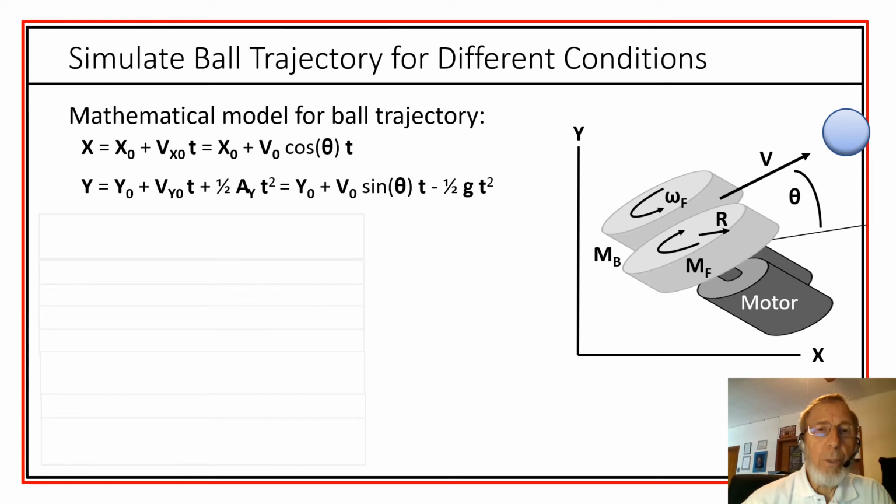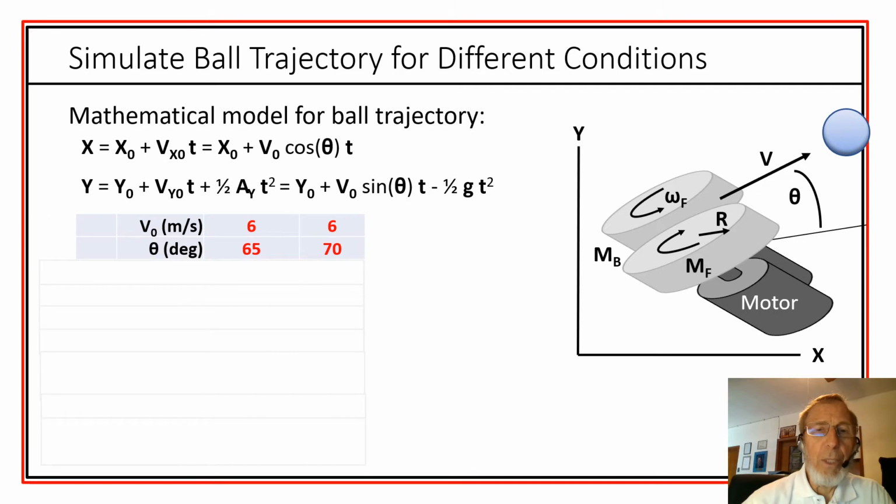The y component here is also defined by initial y position, the vertical component of velocity times time, plus 1/2 the acceleration in the vertical direction, which is our gravitational constant, times the square of time.